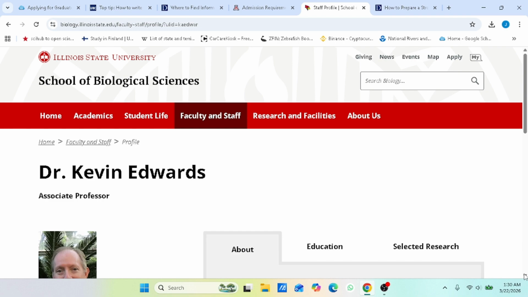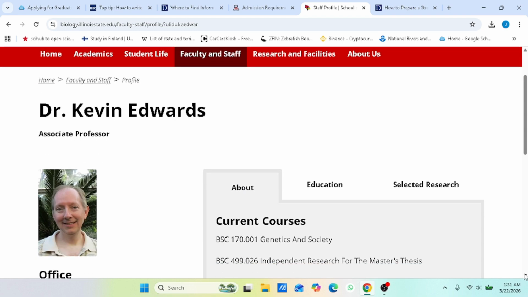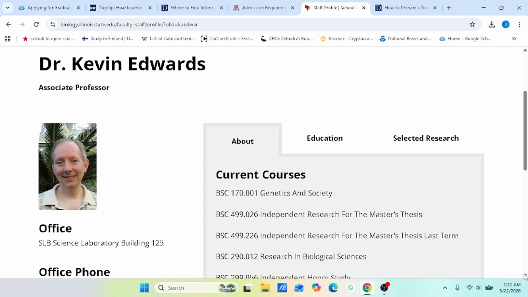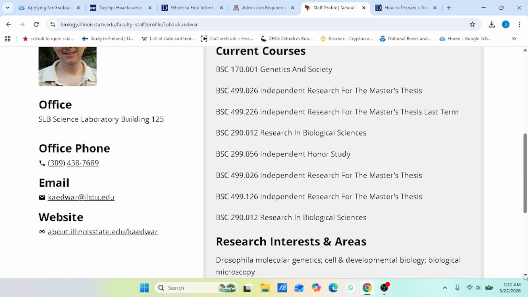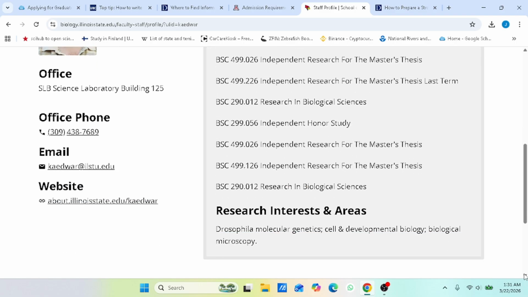This is the page of Professor Edwards. You can see down here, research interests and areas: Drosophila molecular genetics, cell and developmental biology, and biological microscopy.